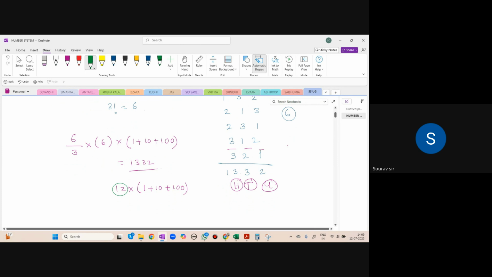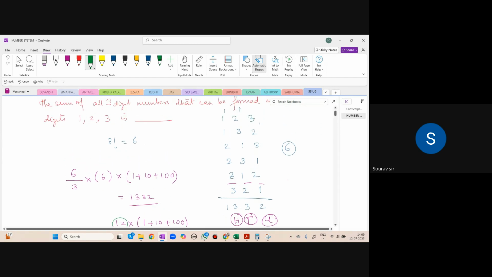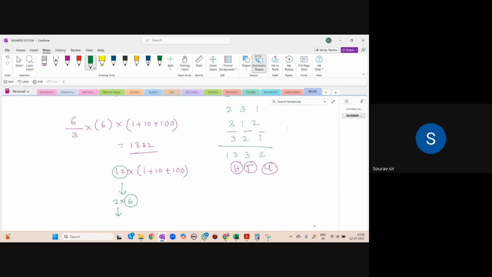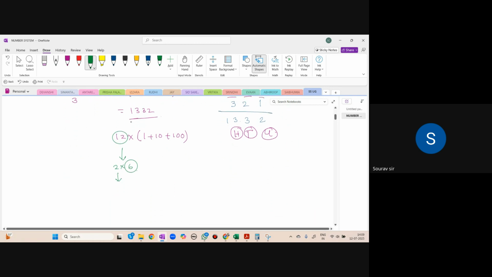This 12 is coming from the numbers 1, 2, and 3. Each number is repeated twice. So 1 plus 2 plus 3 is 6, into 2 is 12. So this is 2 into 6. 6 is the sum of the digits. And what is this 2? This 2 is the number of numbers, which is 6, divided by the number of digits, which is 3.